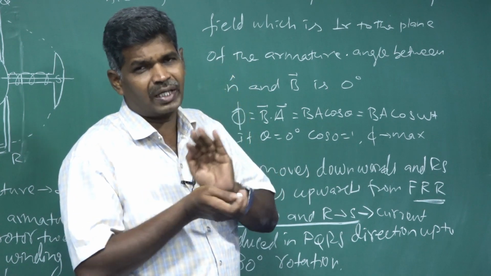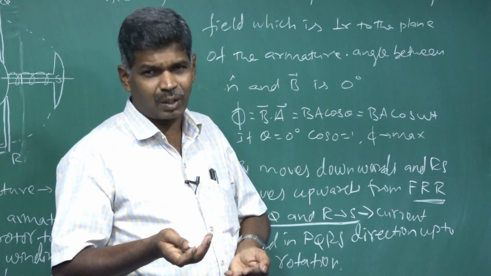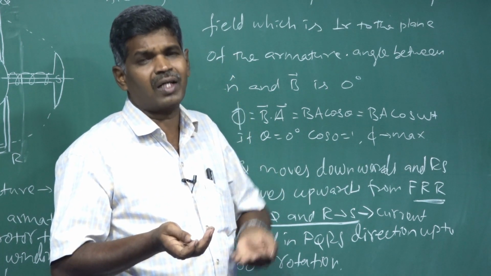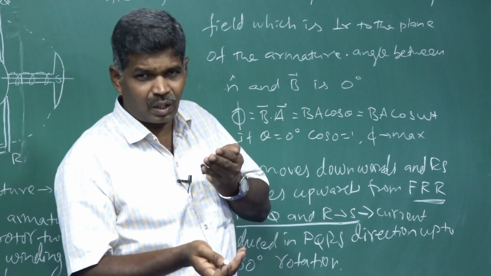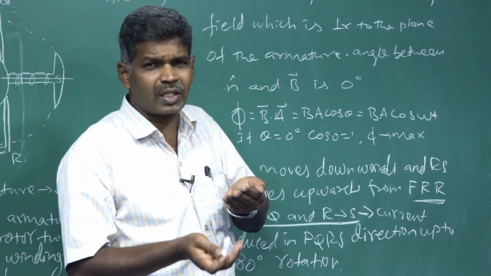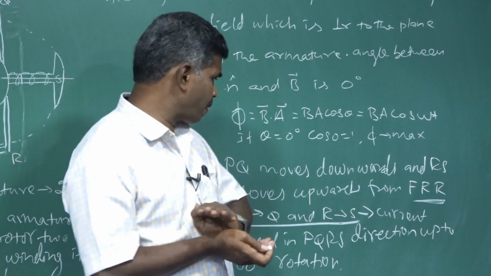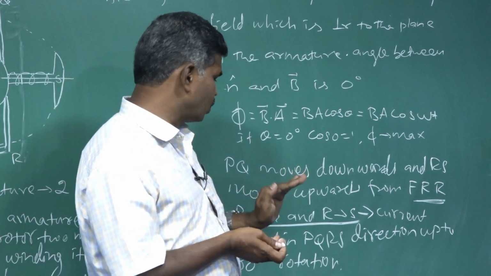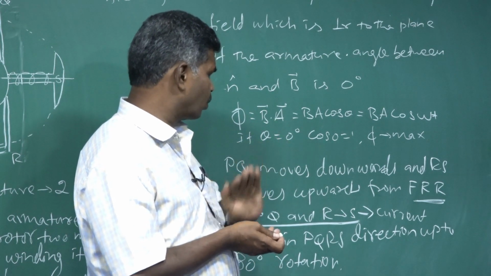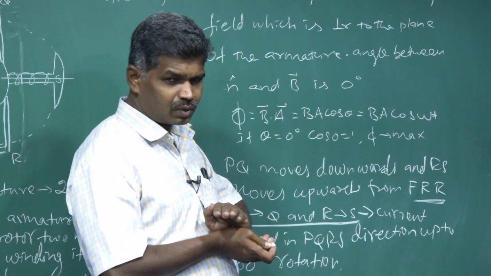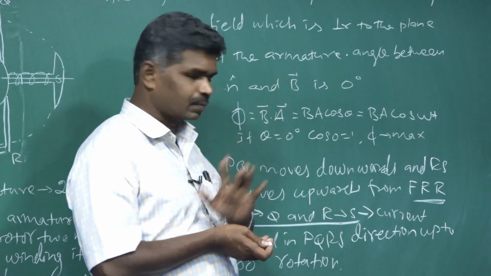At the instant of 180 degree, PQ is in the lower position and RS in the upper position. After that, if we rotate, RS moves downward and PQ moves upward. That's why the current induced in the armature up to 180 degree is in one particular direction, the PQRS direction.